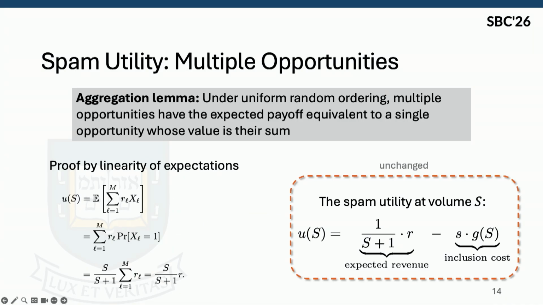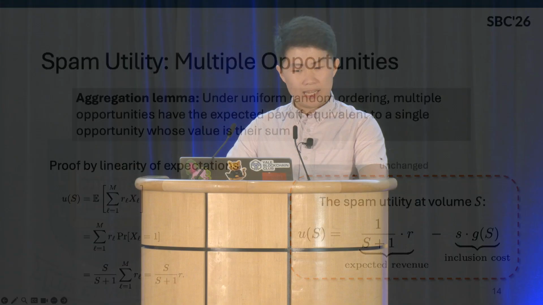What our model actually does is that it also generalizes to multiple opportunities with this aggregation lemma, which essentially says that under this random ordering, multiple opportunities will behave the same as the single opportunity case.